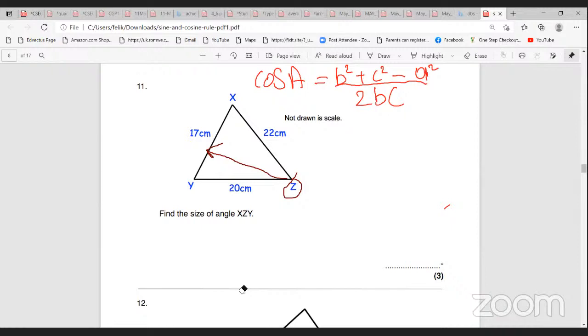Remember I told you earlier, when we did the previous question, that if we're finding the angle, then the side must be A. So we're finding angle Z, so the side must be side Z, which is 17 centimeters.